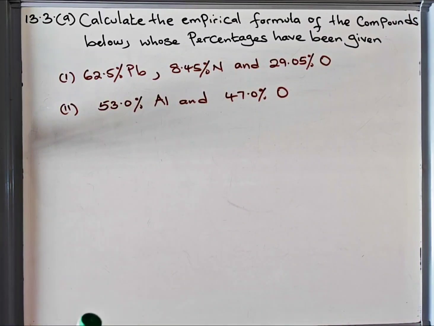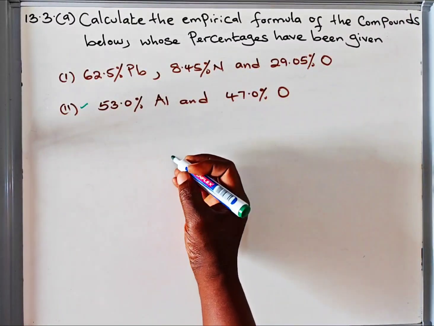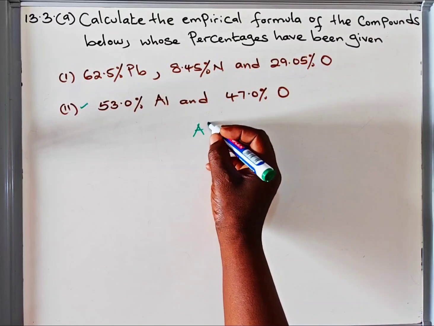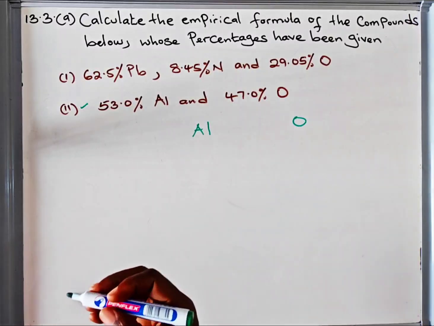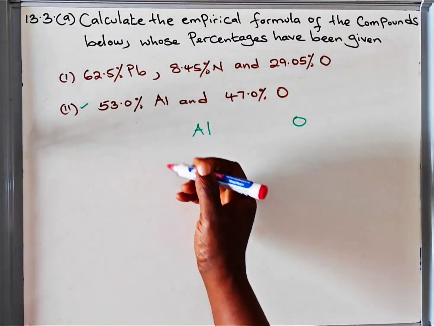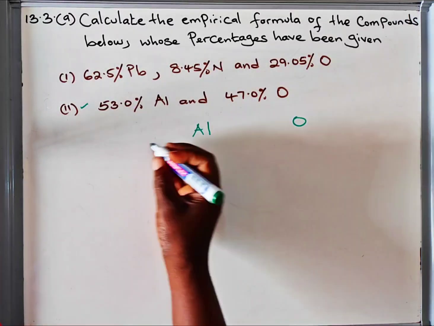Then we come to number 2, this one. What do we know? We know the elements which are present. We have aluminium and oxygen. Next step is to quote the percentages.